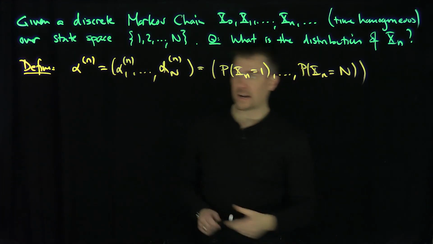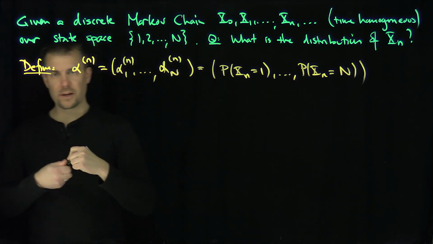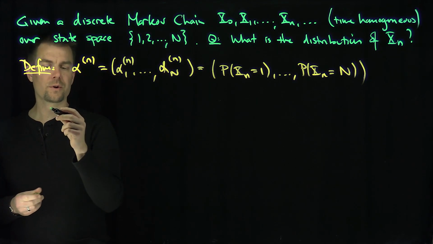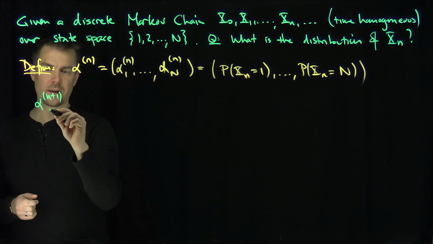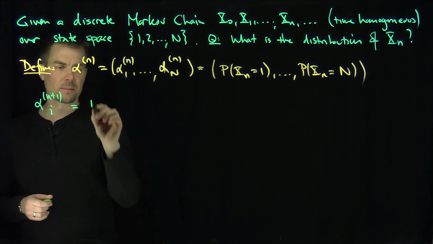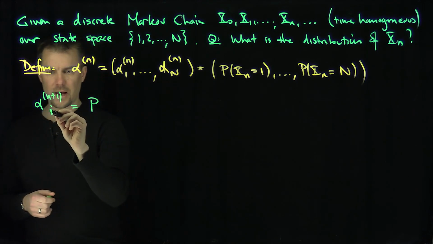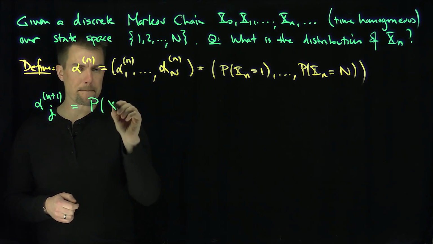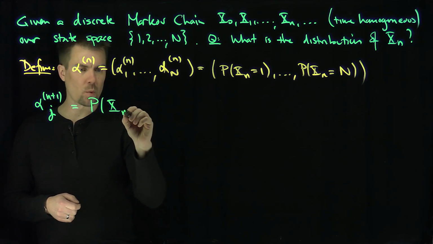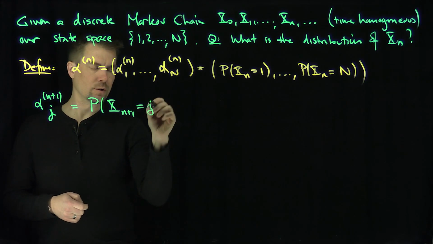All right, now I can construct a recursion for this. How do I construct this recursion? Well, here's the idea. If I look at alpha n plus 1 at j, this is simply the probability that xn plus 1 is equal to j.